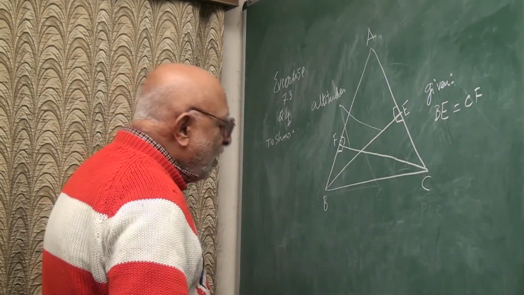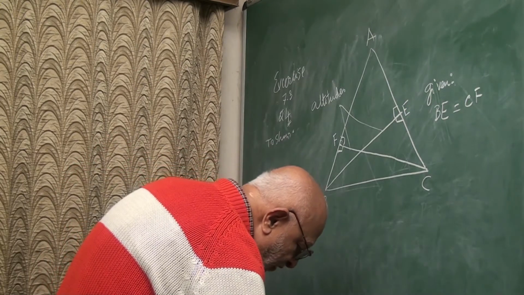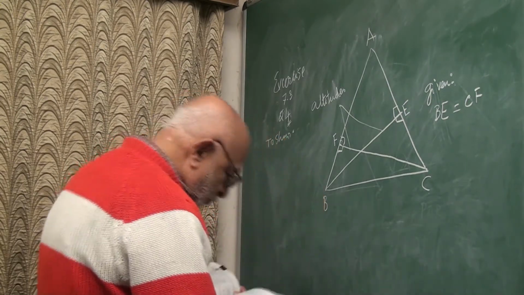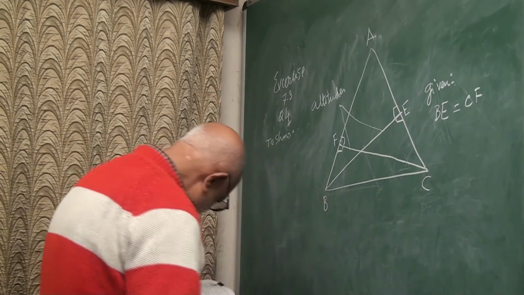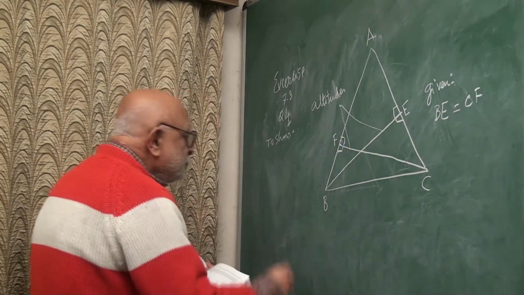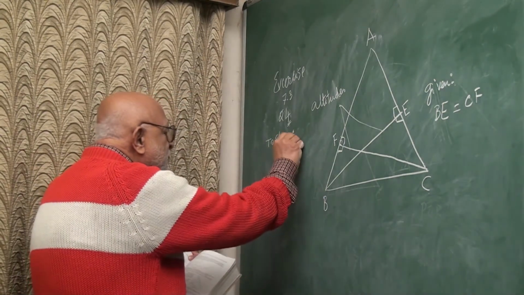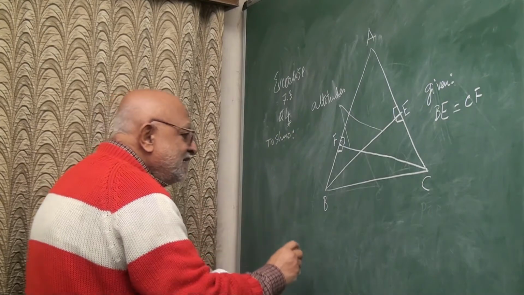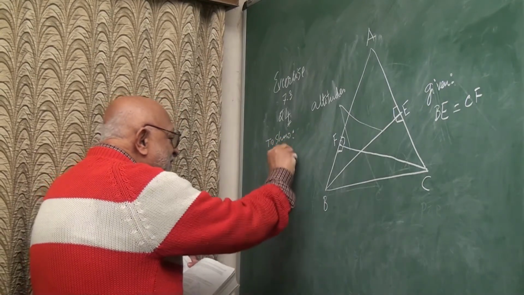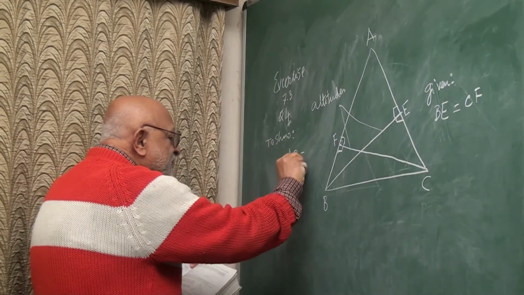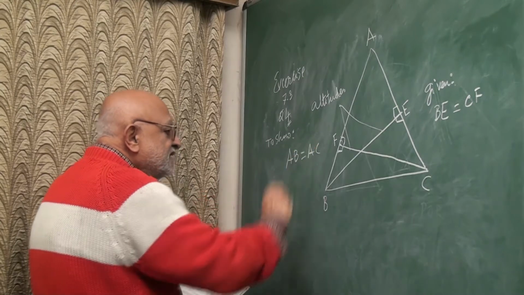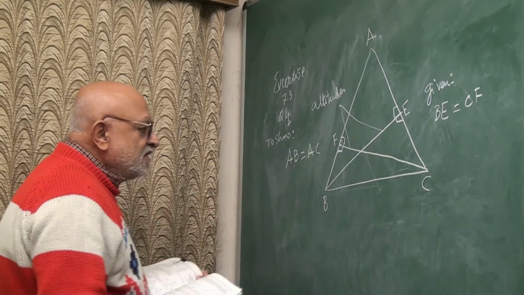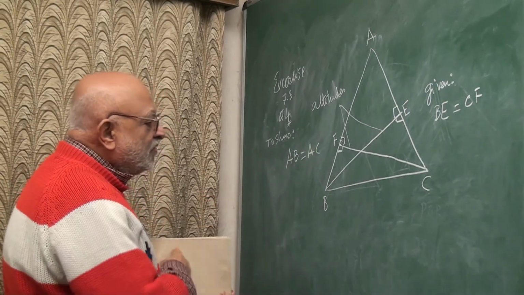Okay, so how do I do it and what do I have to prove? I have to show, let me write down, to show AB is equal to AC. This I have to show. So how do I work on these?